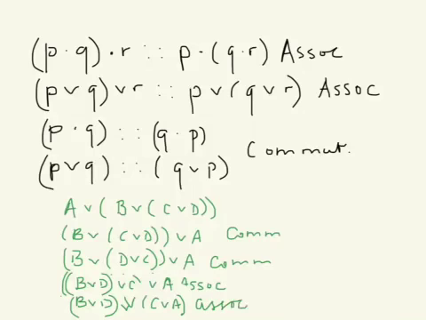Now, one other feature of equivalence rules is that when we show two formulas to be equivalent, notice that we have inferred B or D or C or A from A or B or C or D, but we could easily have gone in the other direction.